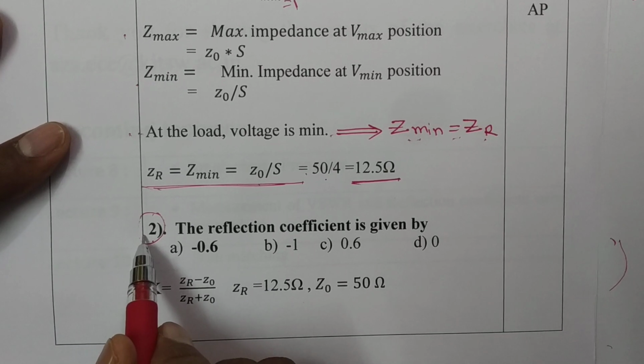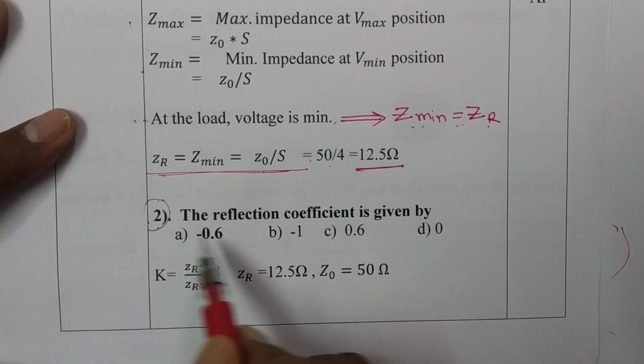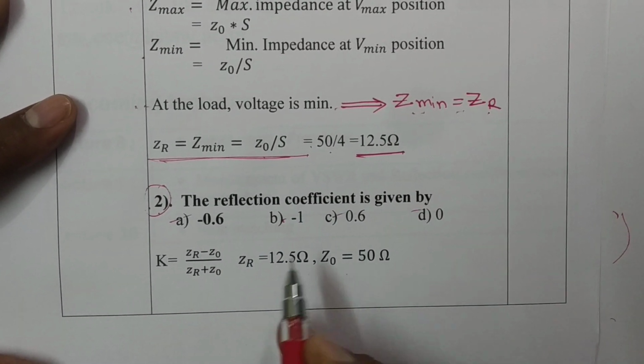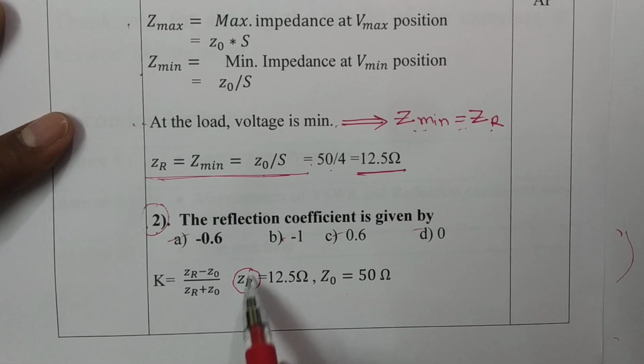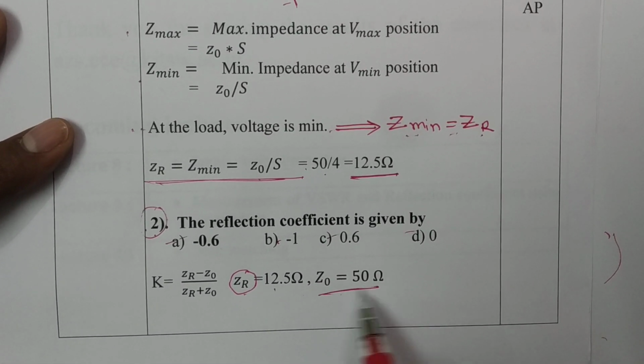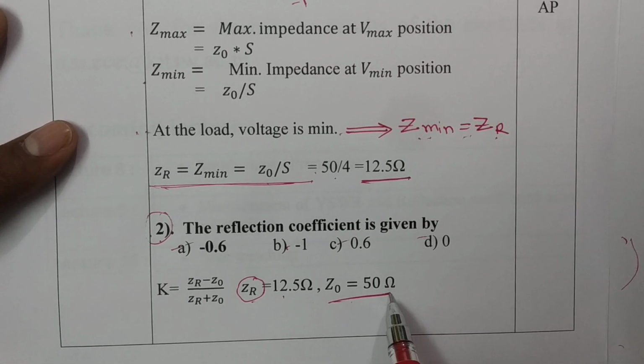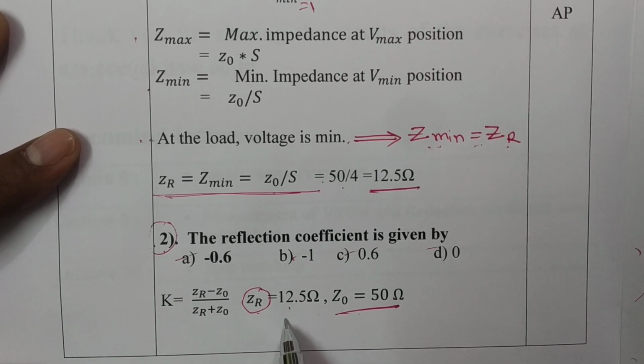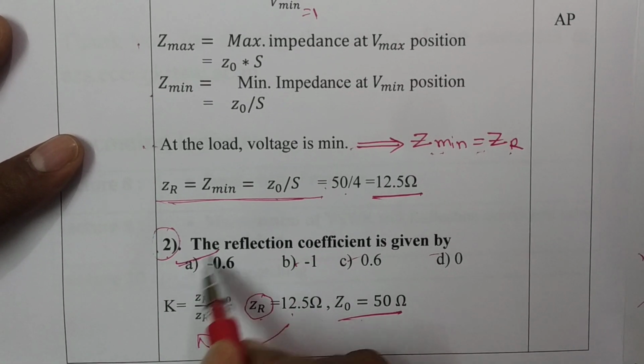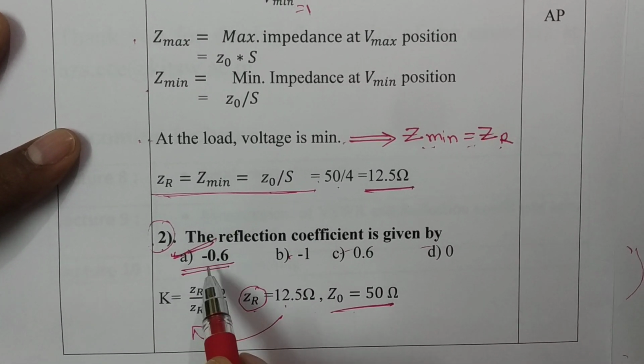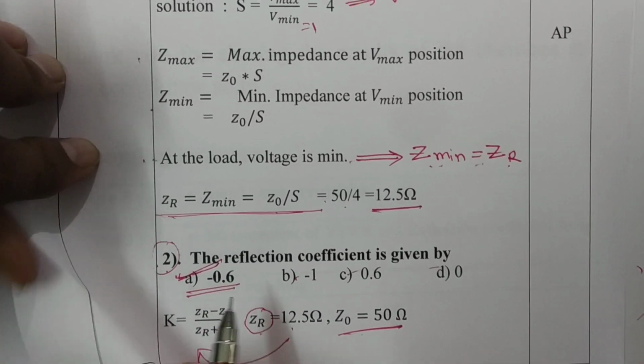Second problem, the reflection coefficient, four options are given. Now we determined the load impedance as 12.5 ohms, Z0 equal to 50 ohms, already given in the problem. Substituting these two in the formula, we get the reflection coefficient as minus 0.6.